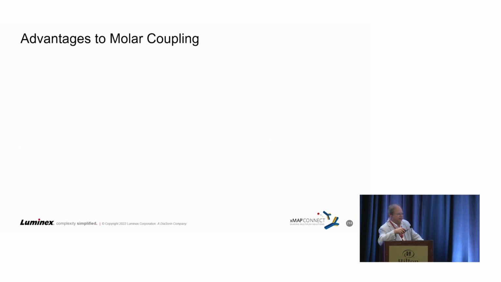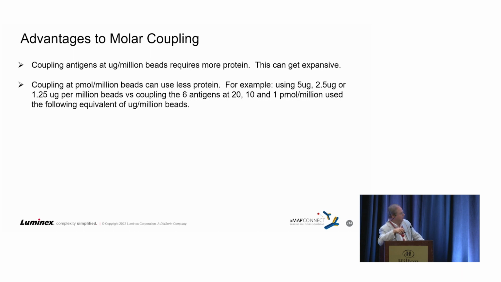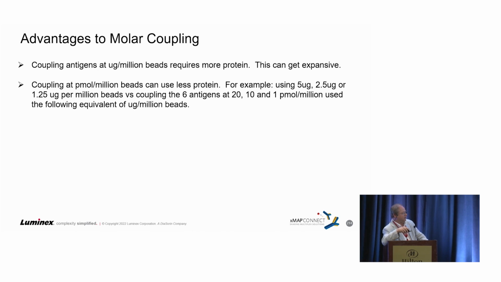So some of the other advantages to doing these molar couplings is that you can use less protein. For these microgram per million beads, you're probably using a lot more protein, which can be more expensive. But if you start coupling at these molar values, so for example, in this particular assay, if you're coupling at 5 micrograms, 2.5, or 1.25 for every million beads, that's how much protein you need.